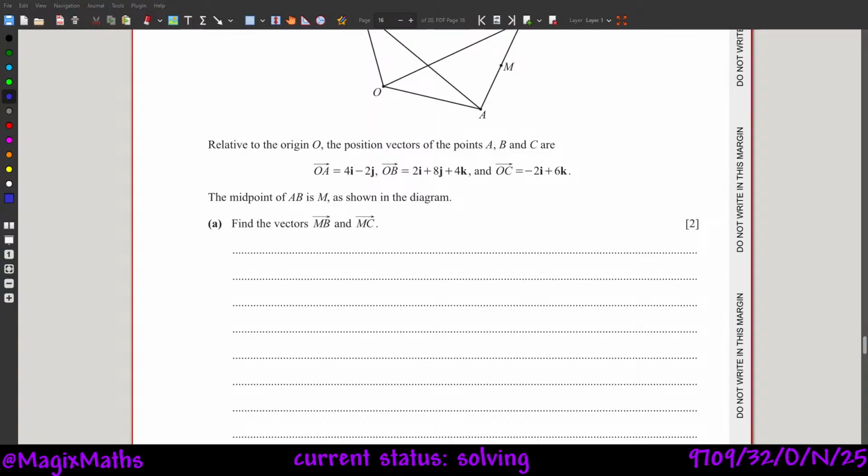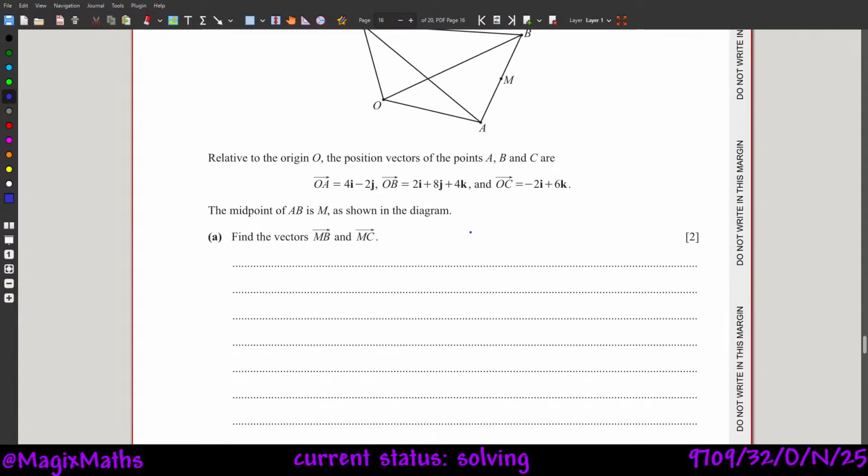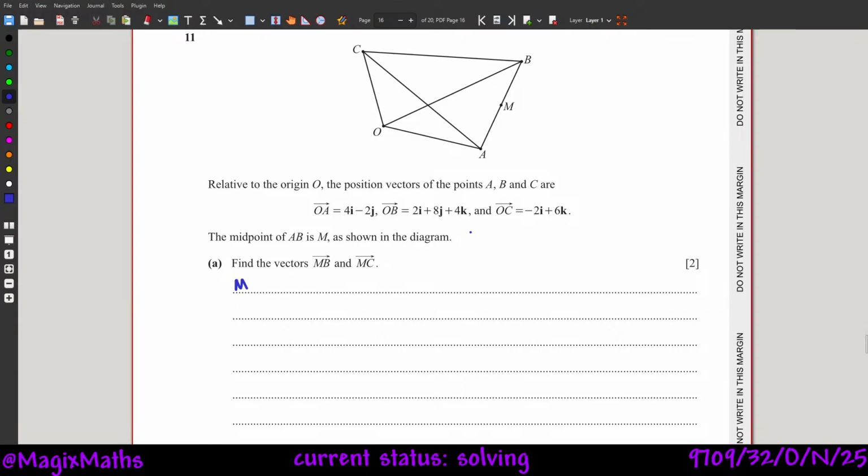So find the vectors MB, MC. M is a midpoint, so we're going to have to find MB, which is half of AB.